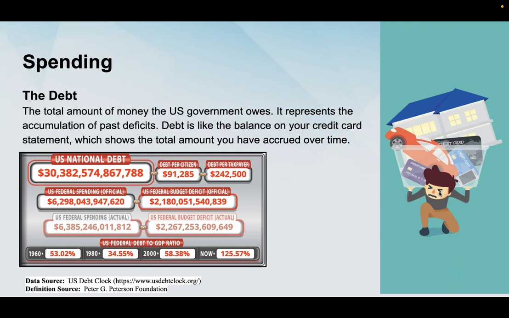It represents that past accumulation of previous deficits, and it's really going to be like the entire amount of money that the government owes. It's enough really to pay $91,000 to every single US citizen. Tremendous amount of money.